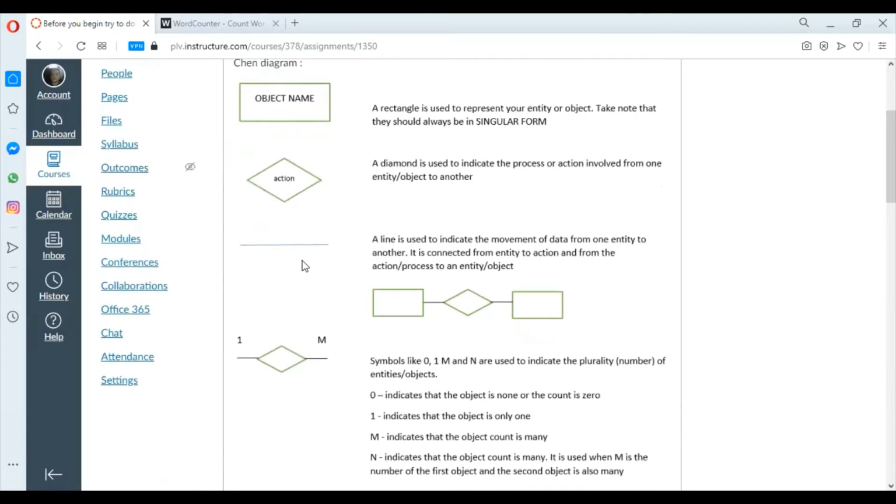We have a line which is used to indicate the movement of data from one object to another. It is connected from entity to action and from the action or the process to an entity or object. So basically, we are connecting two objects wherein one object performs an action on another object.